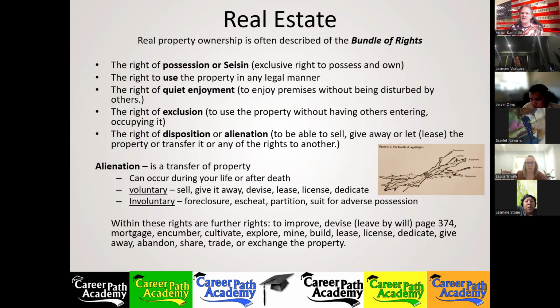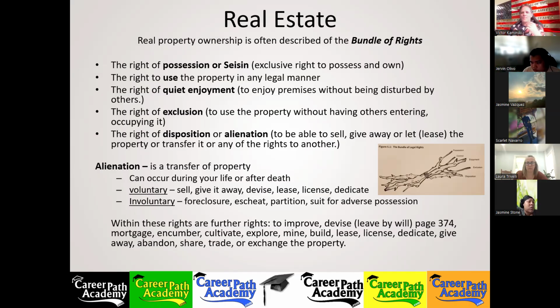You're giving them possession of your property for a limited period of time as defined in the lease, as well as you're transferring all your rights that you have as an owner to that tenant while they're in possession of those premises, except for the right to sell it or give it away.